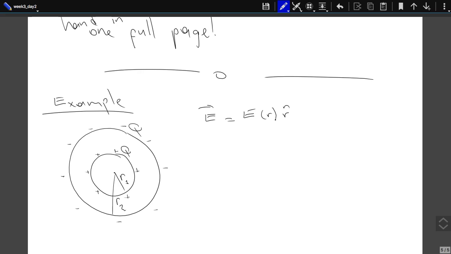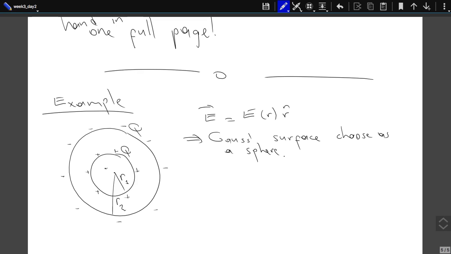It cannot depend on anything else. And if this is the electric field, then the Gauss surfaces are spheres. You can choose any Gauss surface, but if you choose a spherical Gauss surface, it will serve our purpose of calculating the electric field everywhere.